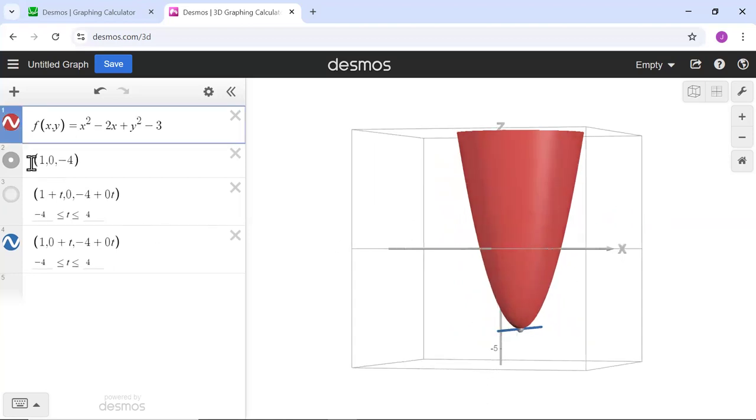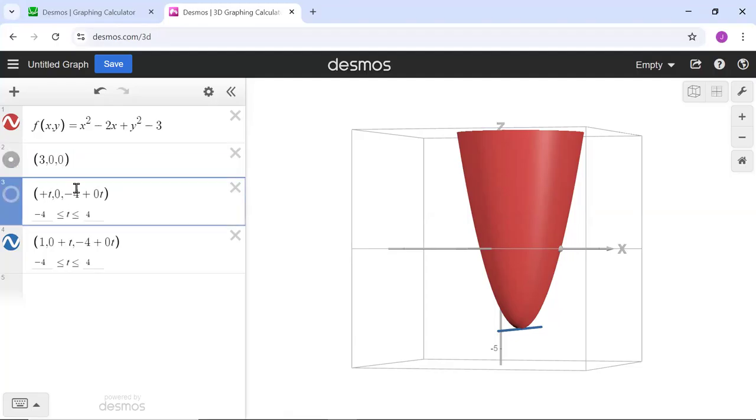Now, as far as our other point, 3, 0, 0, we got something a little bit different. We ended up with slope in the x direction. Again, we're at 3, 0, 0. So the way you do this is you do 3 plus some t value, 0, and then 0 plus the slope in the x direction, which would be 4.